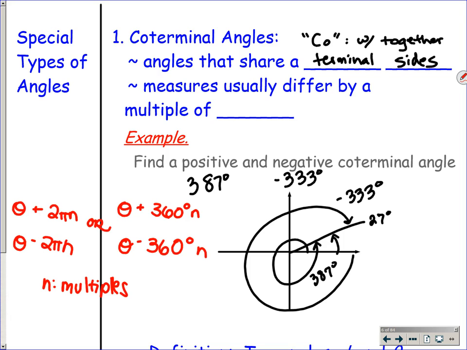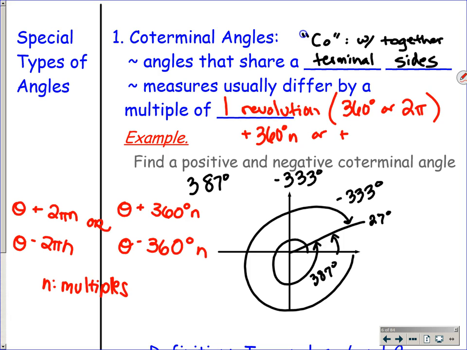And so if we are saying by a multiple of 1 revolution, remember 1 revolution can either be 360 degrees or 2 pi. But I'm going to put on little n's. So adding 360n or adding 2 pi n. But check it.